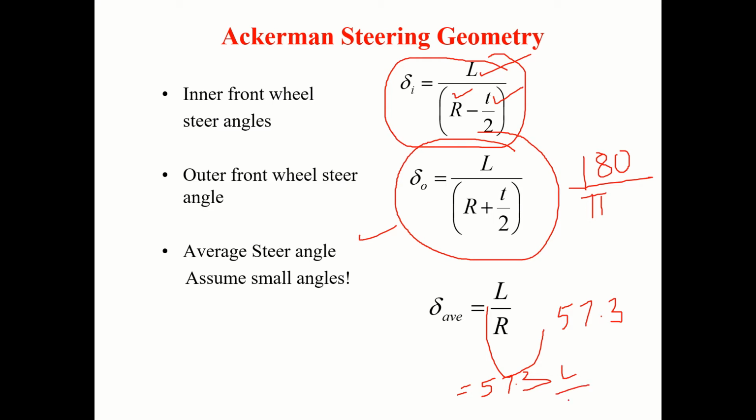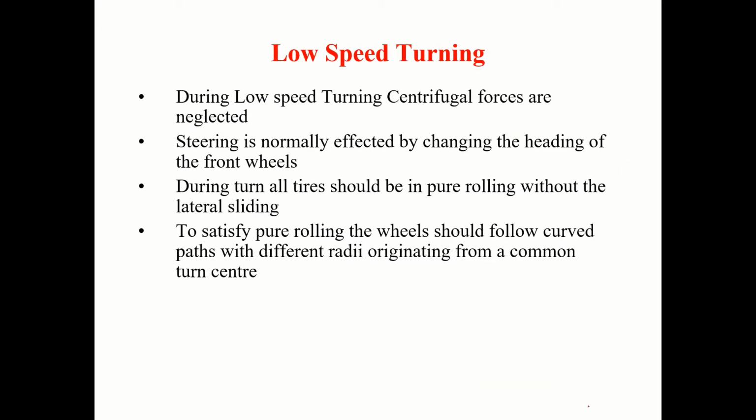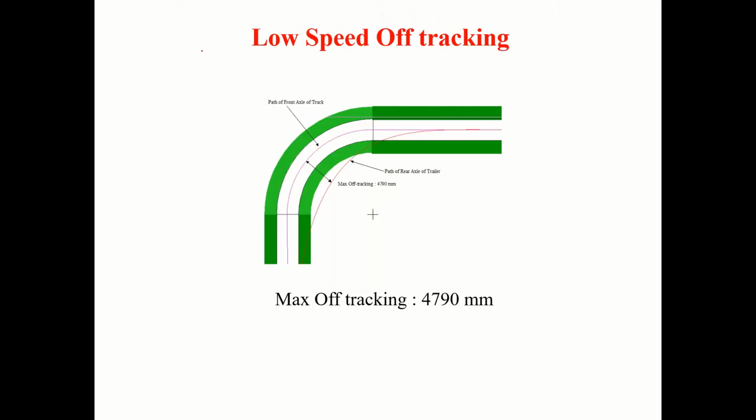Okay, right. First, let us talk about low speed turning. Means you have a turning like this. The vehicle will enter this turn and with a very low speed it will be turning.